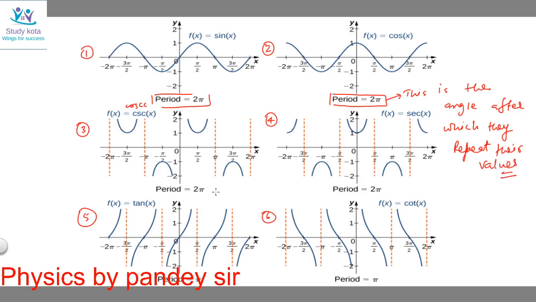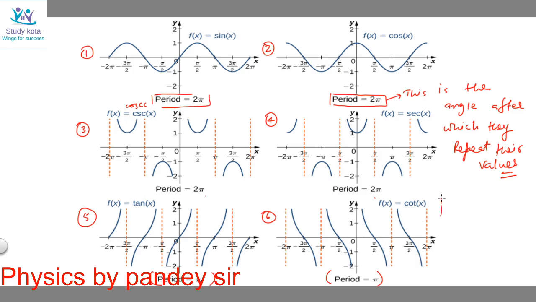Period of cos is also 2 pi and of sec is also 2 pi, but of tan and cot is only pi. Period is the minimum time, or you can say the minimum angle, after which the function, whether it is sine or cos, repeats its values.